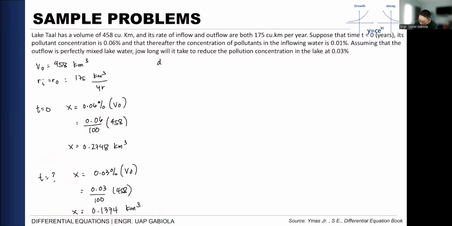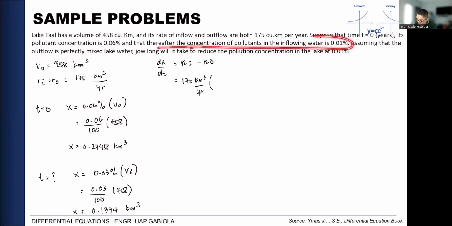So, dx over dt tayo is equals to rate in minus rate out. Equals to rate in natin is 175 cubic kilometer per year times concentration natin. Ano yung concentration natin? Concentration in natin is ito, no?